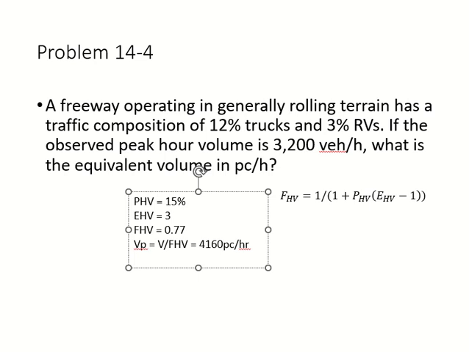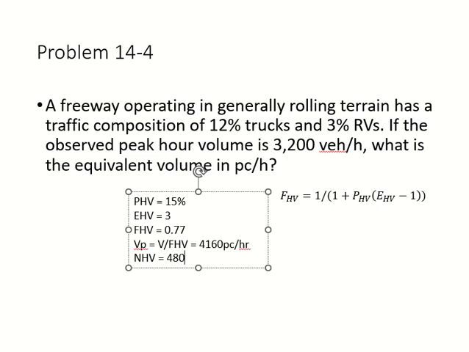Second approach is you can directly use the value of EHV to convert the volume. Now 15% is the heavy vehicles, right? So 15% means how many? Give me the number. 15% out of 3,200, remember. 480.